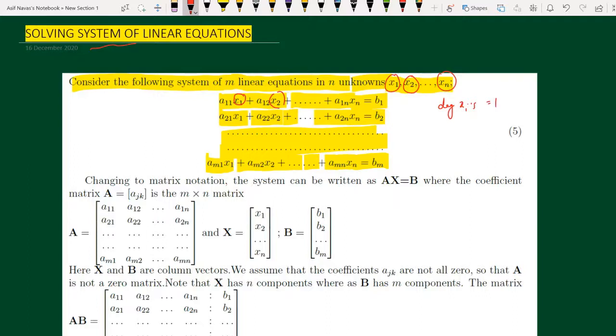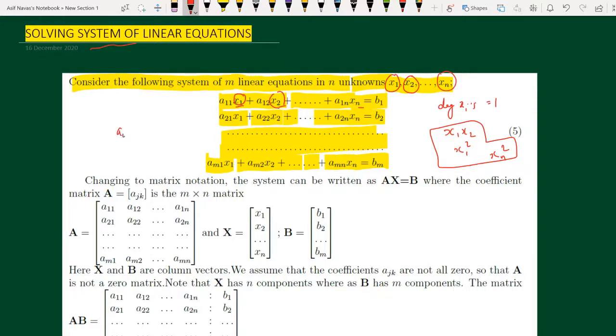That's why it is called a linear equation.